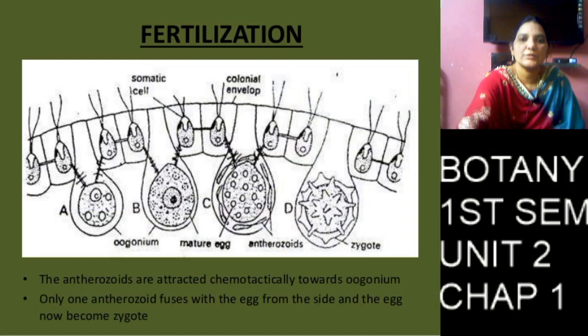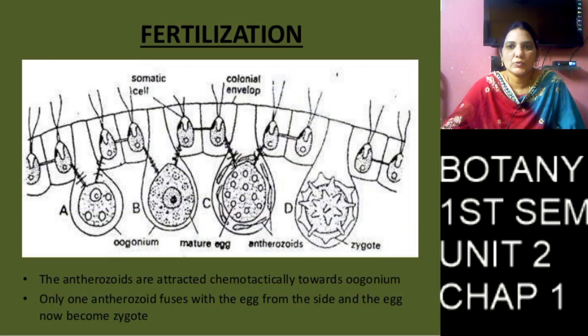The zygote in diploid stage undergoes meiosis division and is divided into 4 cells. So here 3 cells disappear and only one cell converts into a zoospore.